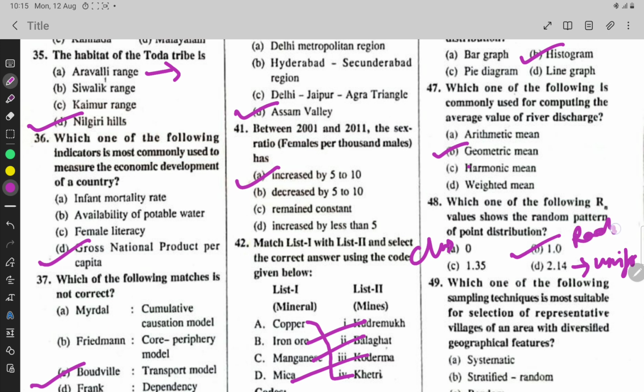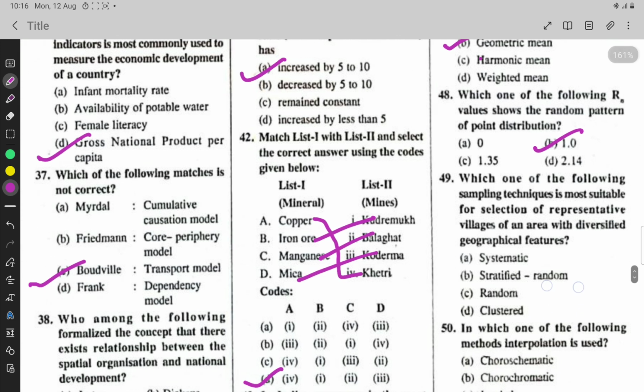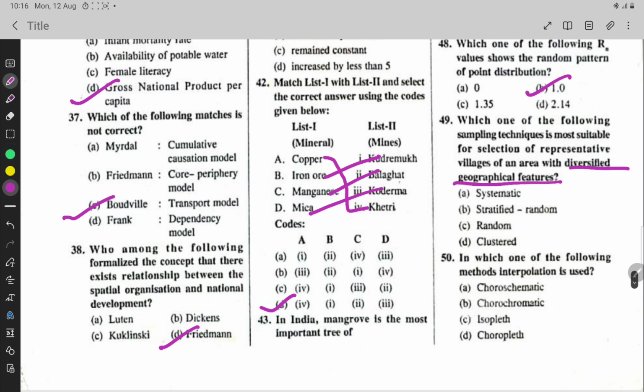One is random. Which one of the following sampling techniques is most suitable for selection of representative villages of an area with diversified geographical features? Diversified geographical features, stratified random. Which one of the following methods of interpolation is used? Isopleth.